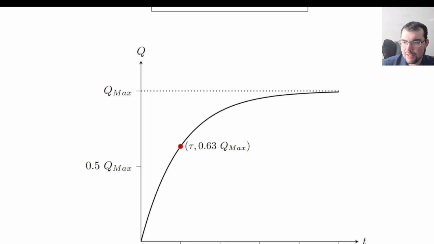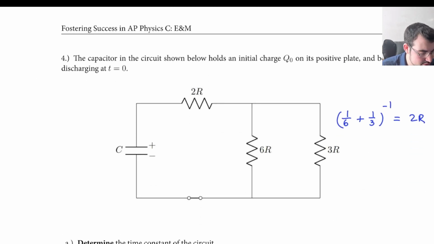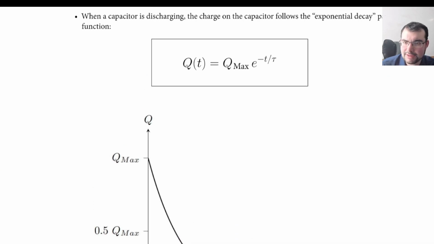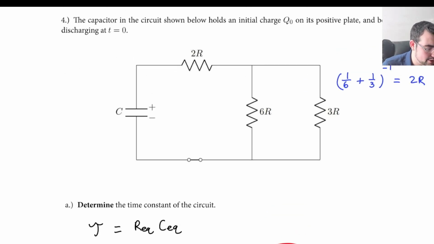And here, we're starting with a discharging capacitor. It's charged, and then it's releasing its charge, so it follows this form. So I'm going to plug into this parent function. Now, we'll prove these are the models later. That requires calculus. So Q is equal to Q max times e to the negative t over tau, our parent function for decay.